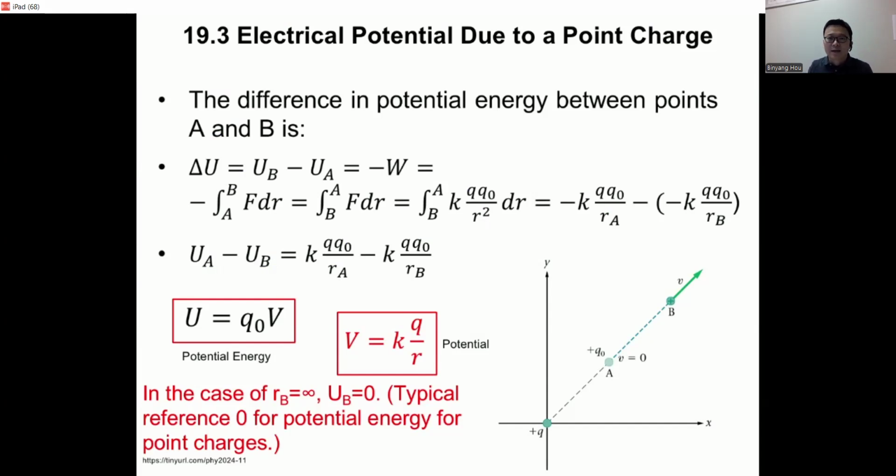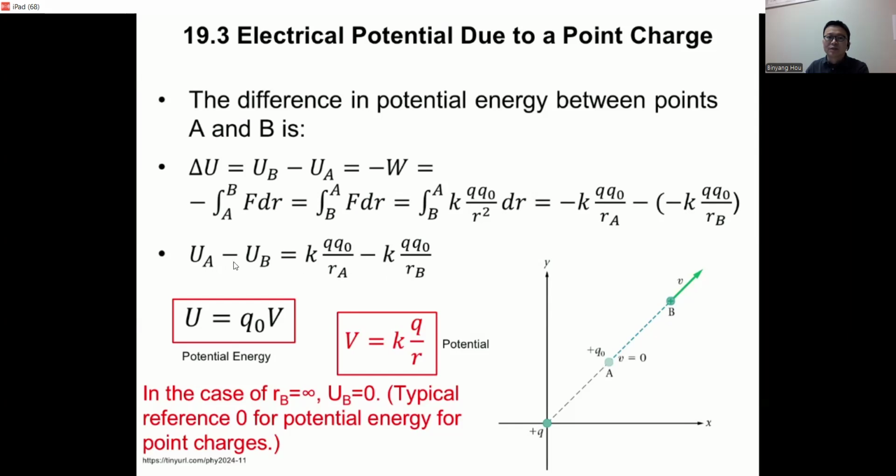This sign is integration; it's not supposed to be in this class, but when you have varying force, you have to use calculus, which I will not go through in detail because we are not a calculus-based class. I will just show you the result.